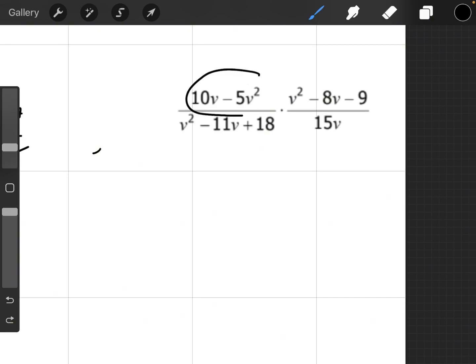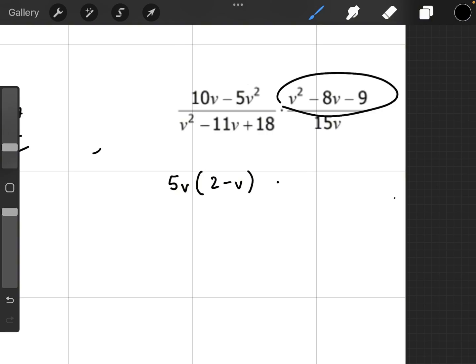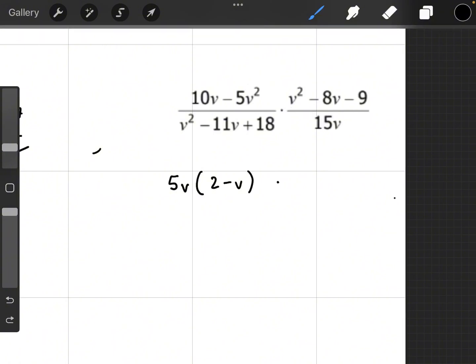First, we'll factor everything out before simplifying. Focusing on this term, v to the lowest power is 1, and the greatest common denominator between 10 and 5 is 5. So we'll leave 5v to the power of 1 out here, and on the inside, we'll have 2 minus v, multiplied by this term here.